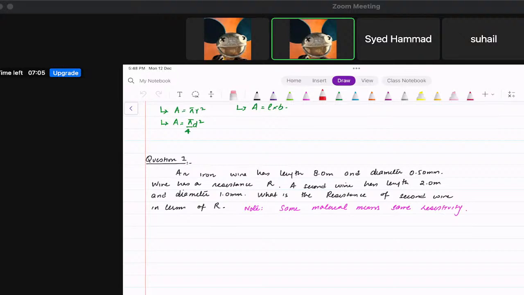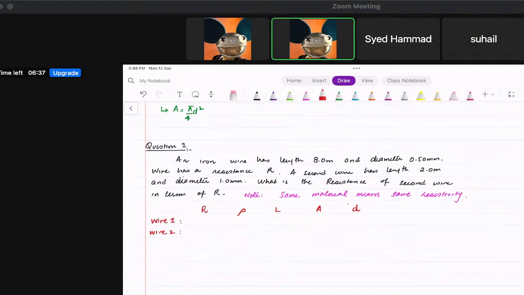First of all, in the exam as well, create a table. You need resistance, resistivity, length, area, and because diameter is given, diameter should be there. Now we have two wires, so I'm going to write wire 1 and wire 2.